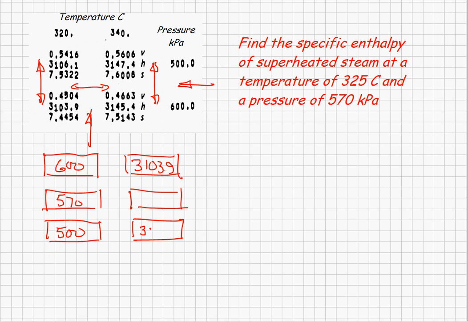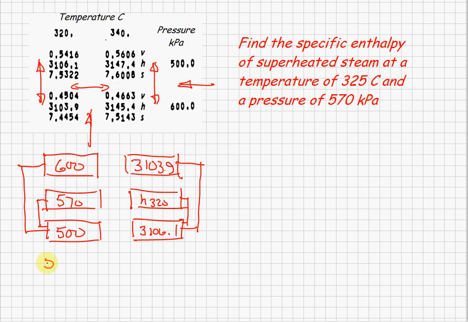This is 3106.1. And this one is H320. And I always use a little denominator there to show which one it is, so when I come back to do my second interpolation, I don't wind up using the wrong one in the wrong place. And so I'm going to set up my ratio equations as I did before.